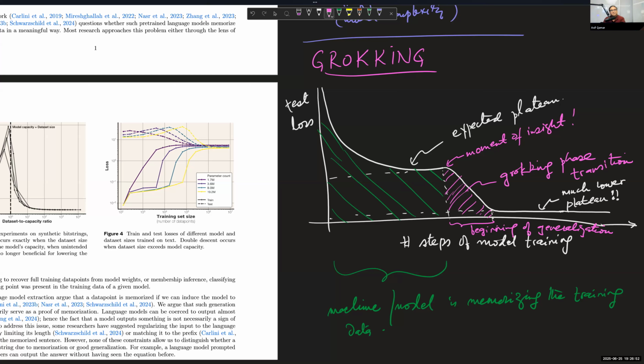But if it saw any other picture of cow, it wouldn't know what it is. So it hasn't generalized from specific instances of cow to the concept of a cow that would help it recognize a cow in a new setting. So that is the memorization regime. And then the generalization begins. And when it generalizes, you know that you have now ended up with a far better model. And so this is grokking.